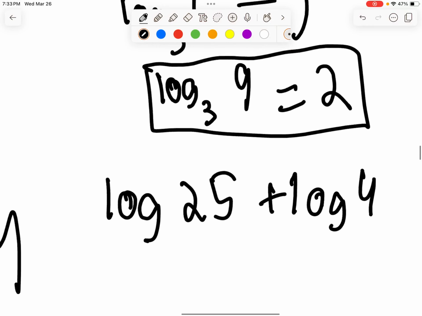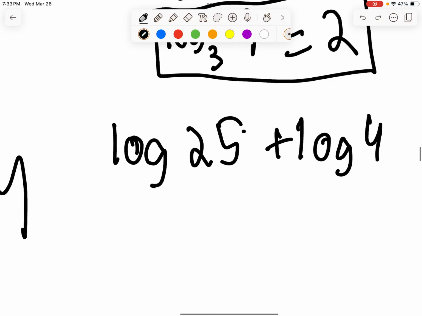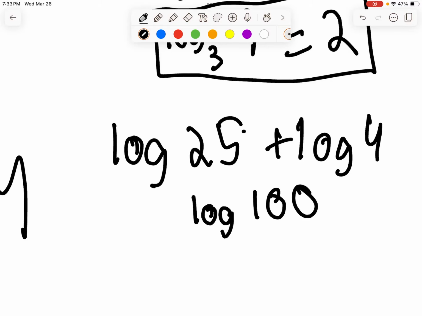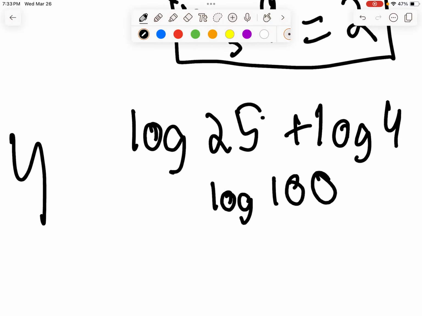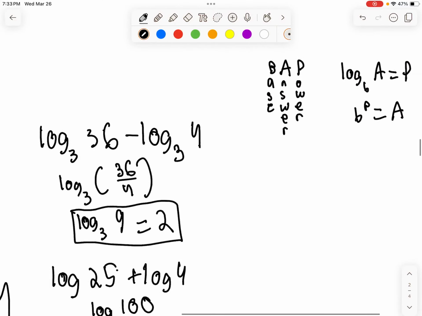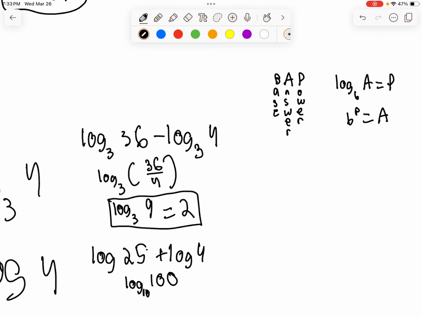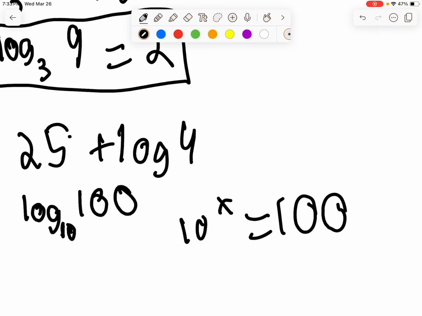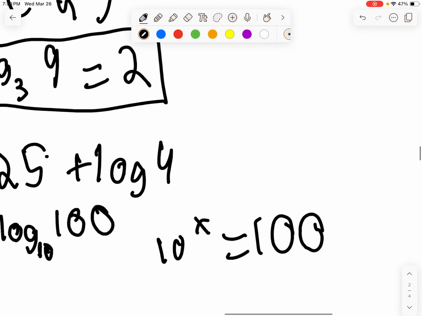So when you're adding 2 logs, you just multiply this one and this one. So you get log of 100. Now you remember this is log base 10 actually, because it's just like the default base. And if you look from our original thing, asking 10 to the x gets you 100, and x happens to be 2. That's what the log is equal to.